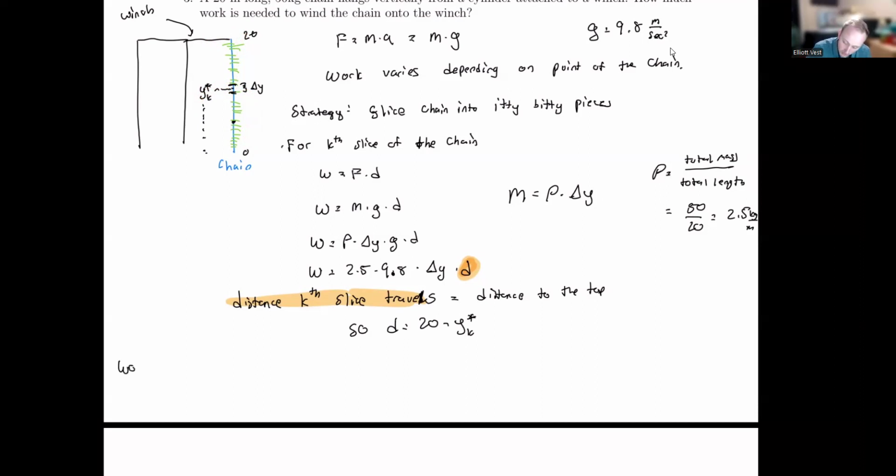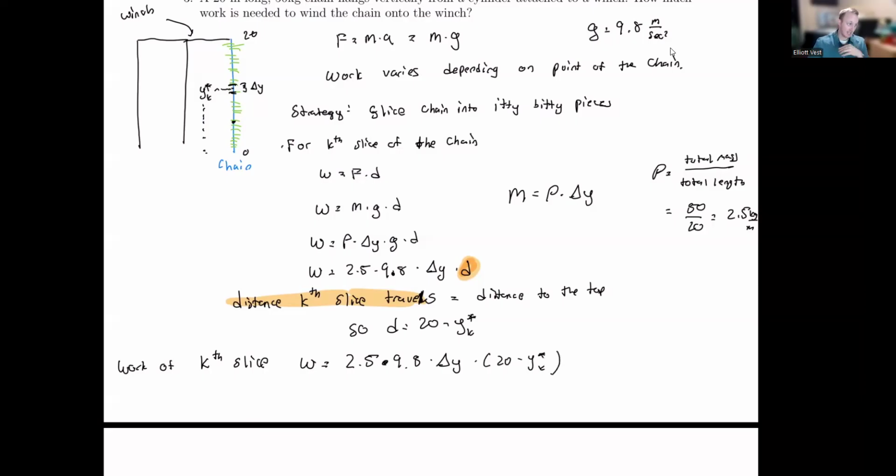So the work of the kth slice is W equals 2.5 times 9.8 times change of y times 20 minus y_k star.